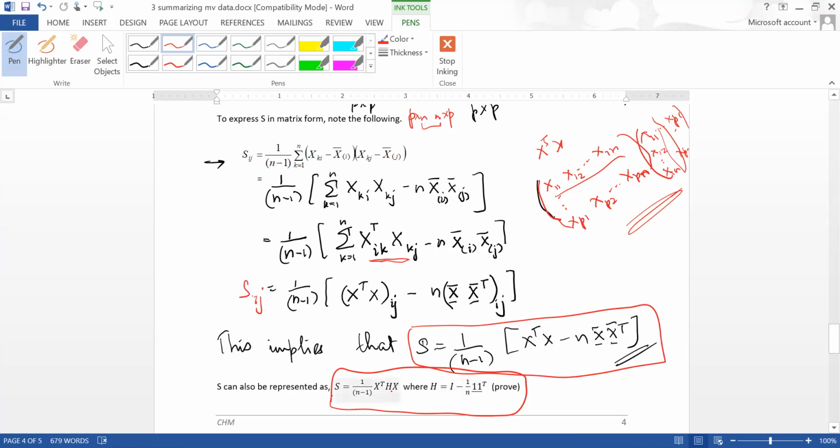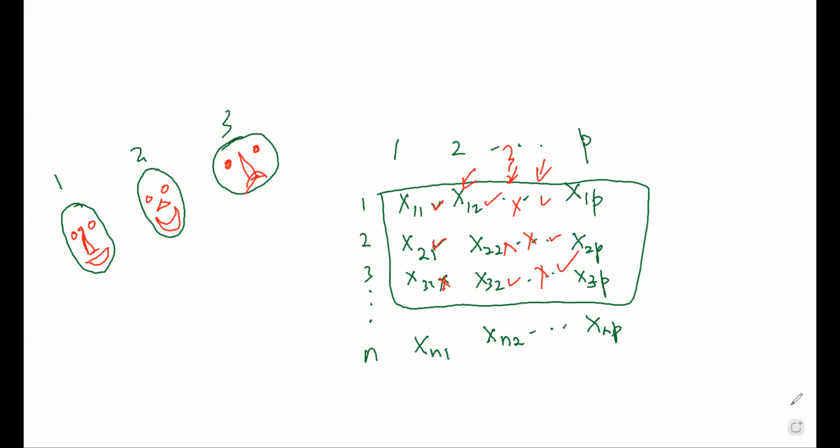You can see you have x transpose Hx, where H is this thing. Can you try proving that? So S equals, we already showed, 1 over n minus 1 x transpose x minus n x bar x bar transpose.